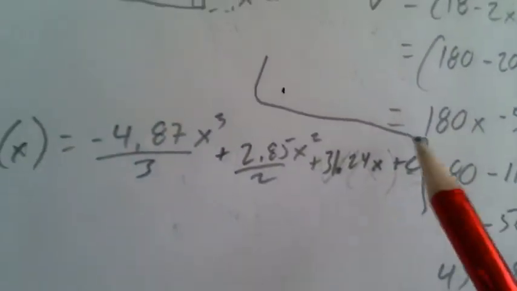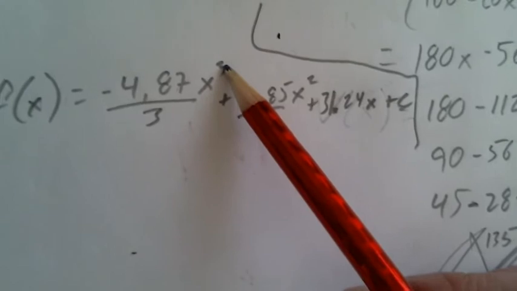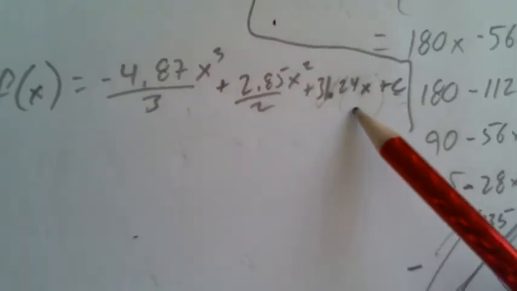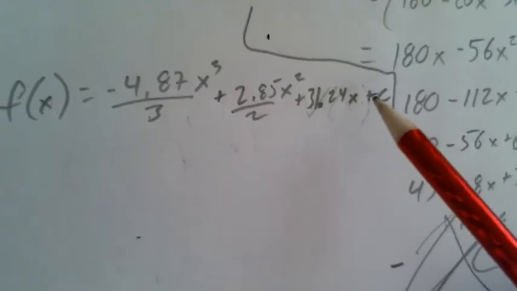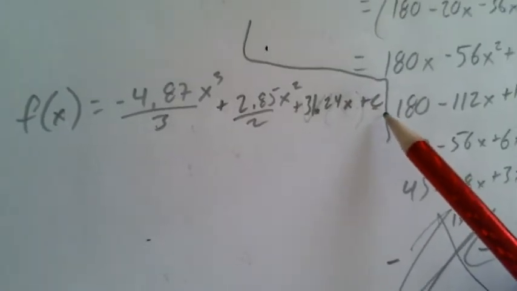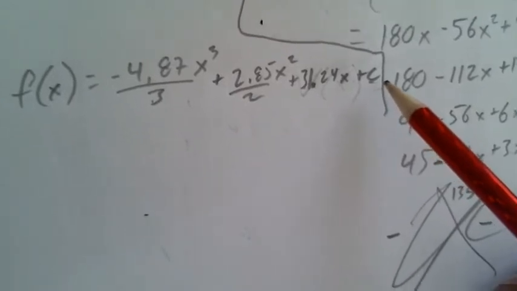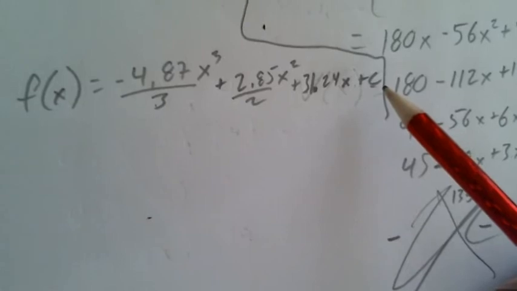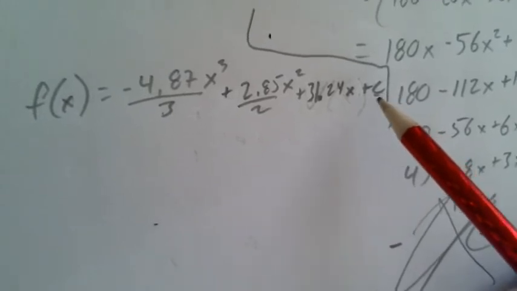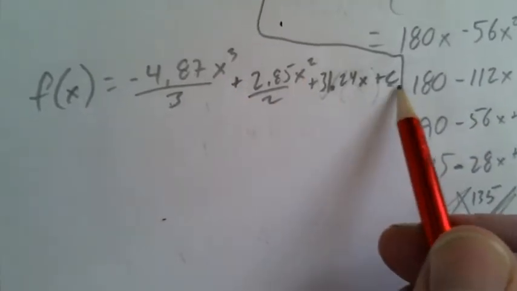That's what we did. So we took our values, we upped this exponent by 1 and then divided by 3, upped this by 2, divided by 2, upped this by 1, divided by 1. And if x equals 0, then all these go to 0, so C just equals 0.